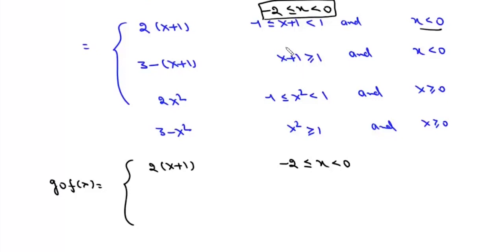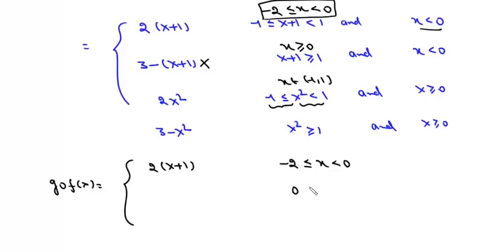Now if you look at the second condition, here the condition is x is greater than or equal to 0, and here x is less than 0. Now there is nothing common between the two intervals, so this is not possible. Now if you look at this third one, x square is always greater than -1, and x square less than 1 is x lies between -1 and +1, and here x is greater than or equal to 0.